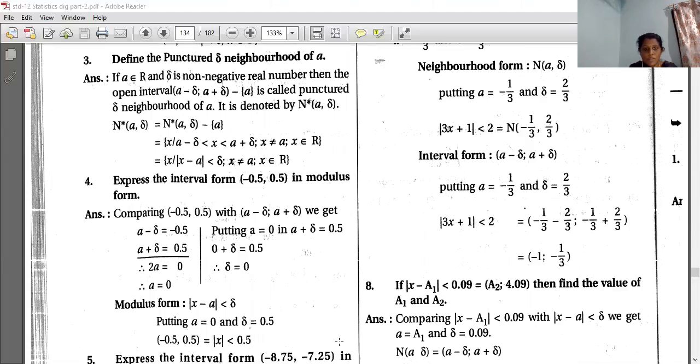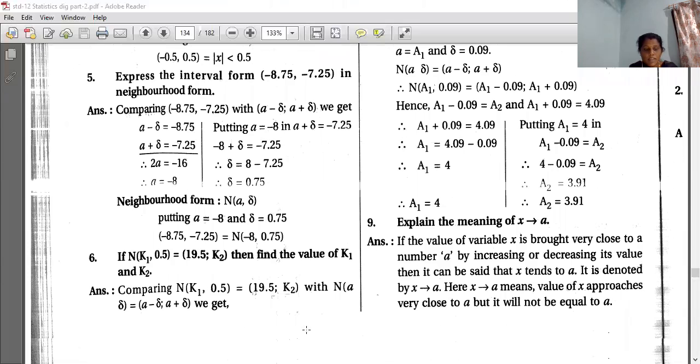This one I have explained in the last video, that N(k1, 0.5) equal to 19.5 and k2, and find the value of k1 and k2. Here N, k1 and 0.5, that I told you. This is a and this is delta, and this is a minus delta and this is a plus delta.